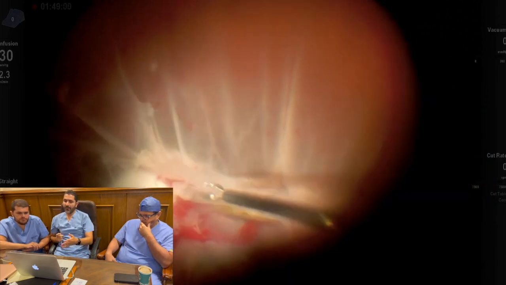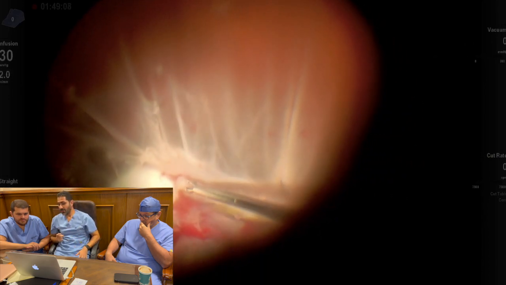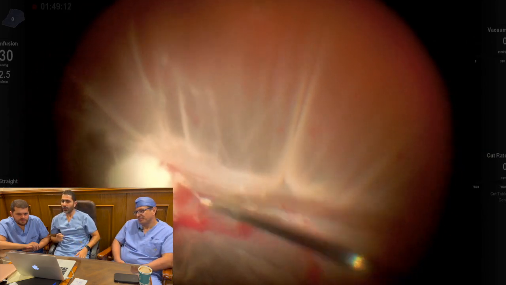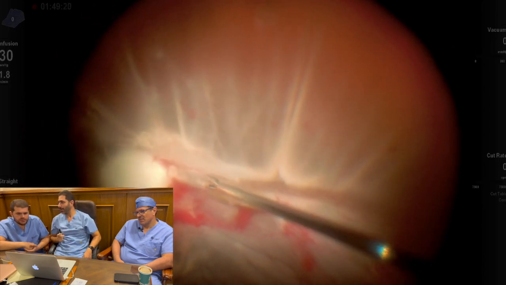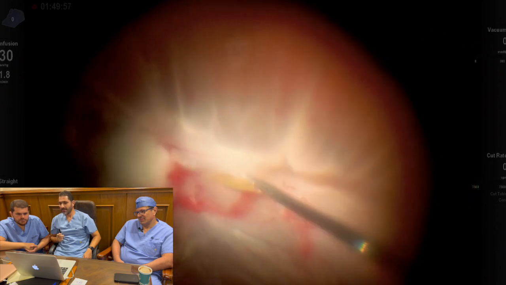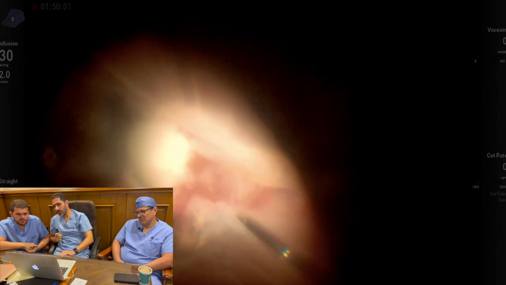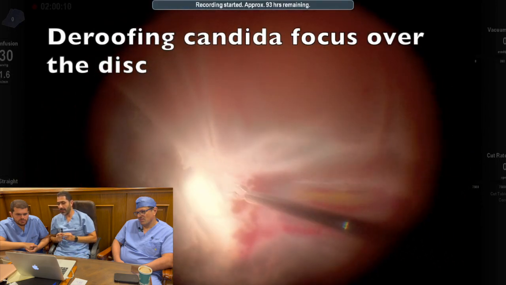So after this step, I found that I can even peel a membrane over the retina, and the macula started to appear. And this white patch, I'm going to open it, I'm not going to leave it anymore. No, the disc was not under this area. This is the temporal retina.